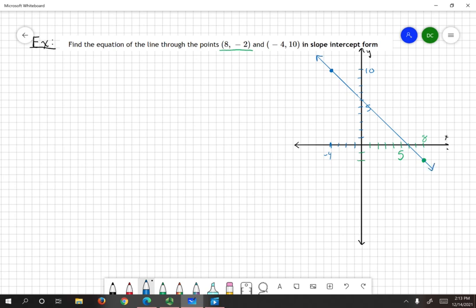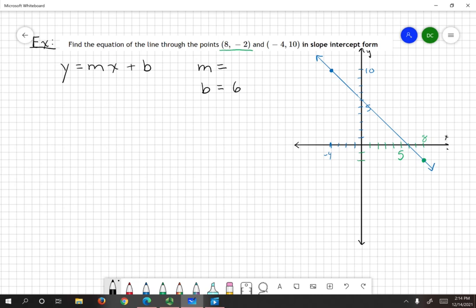I wonder if we have an accurate representation of the y-intercept. Remember, whenever you are graphing a line, you need two things. You need an m and you need a b, a y-intercept. I think it looks like the y-intercept is at 6. We'll see if that's true.